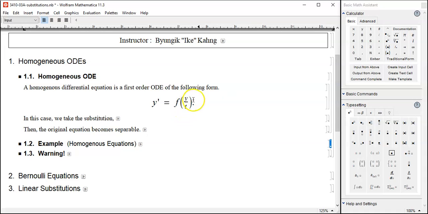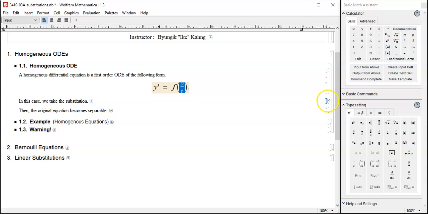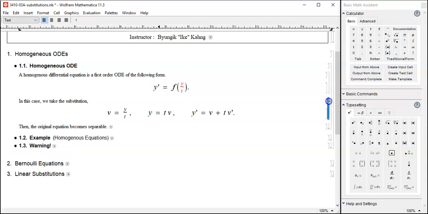In that case, it is possible to simplify all those into this kind of form, y over t. And then what we are going to do is this kind of substitution. Take this y over t into another character, say v, and then go ahead with appropriate substitution.